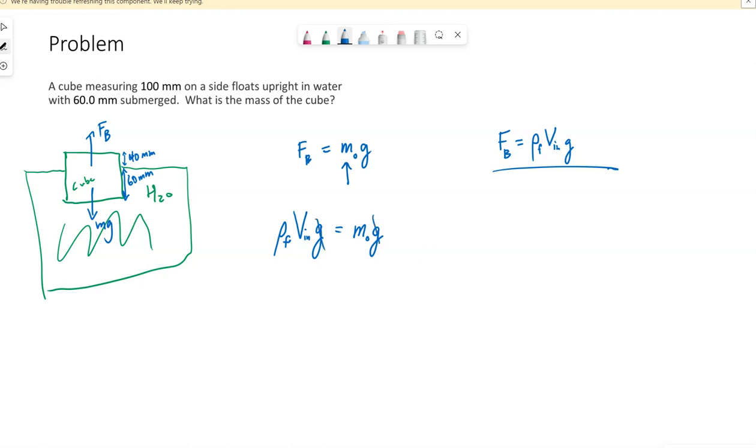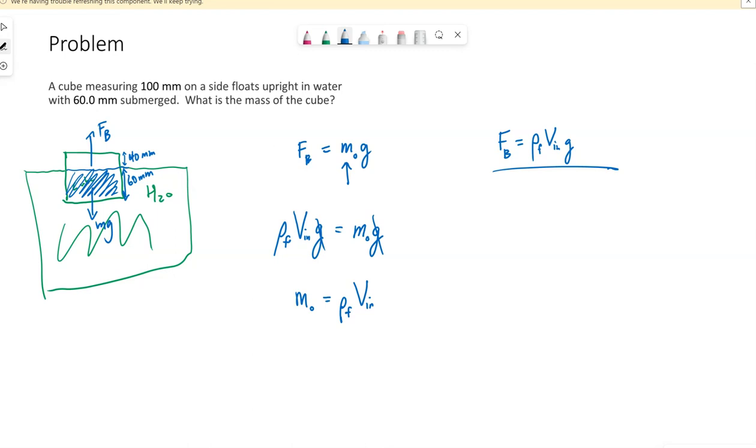All right, so the mass of this object, this block, has to equal the density of the fluid times the volume of the block that's in the fluid, because it has to equal the weight of the fluid displaced.